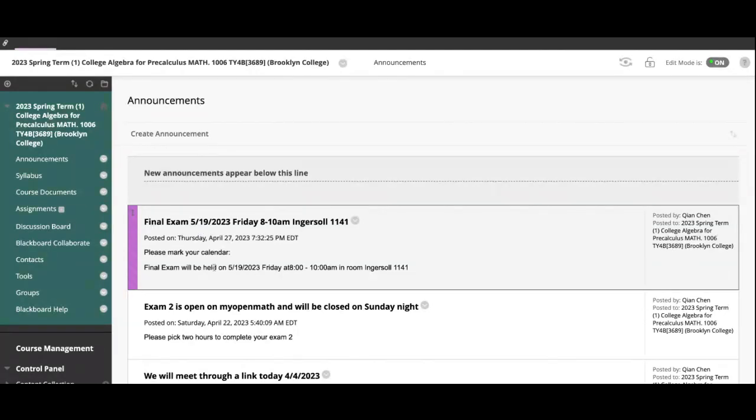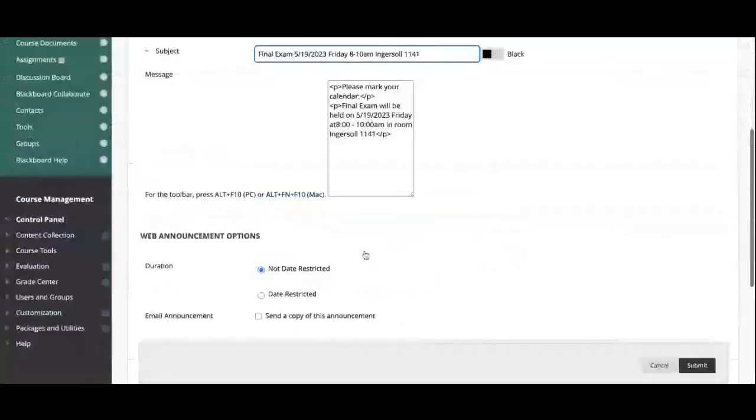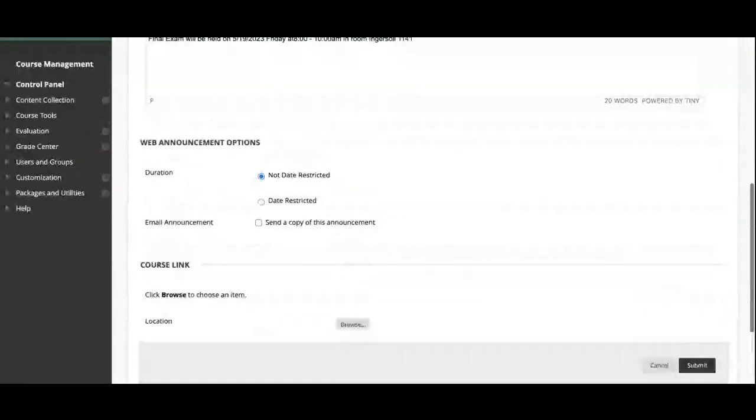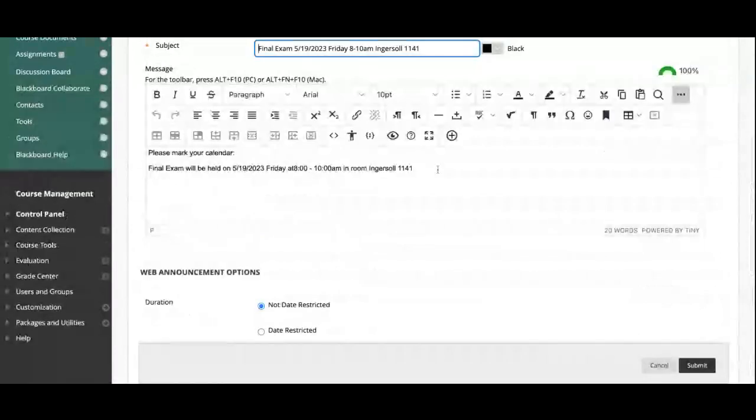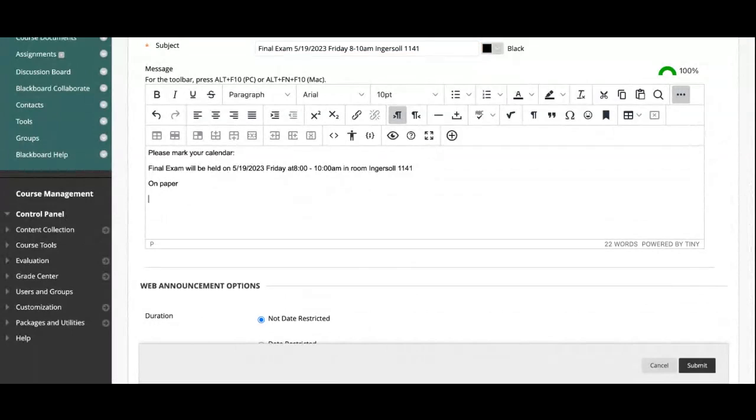It's an in-person, on-campus paper exam. So in this room, on paper, so bring pencils and a scientific calculator if you need.